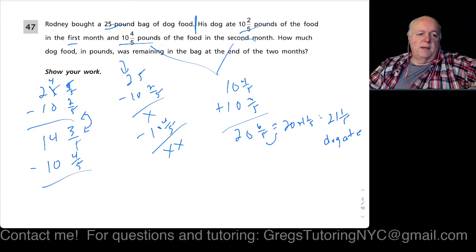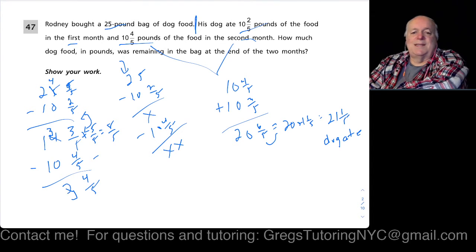So I'm going to take 1 here, which is 5/5, and add that to here. So this becomes 8/5. Now I have 8/5 minus 4/5, which gives me 4/5. And then I have 3 4/5.